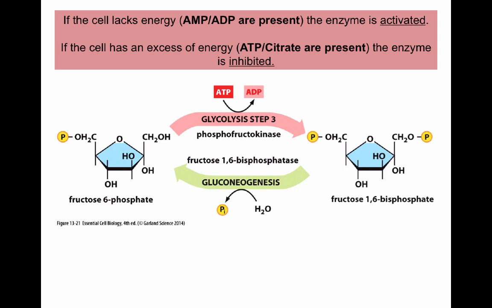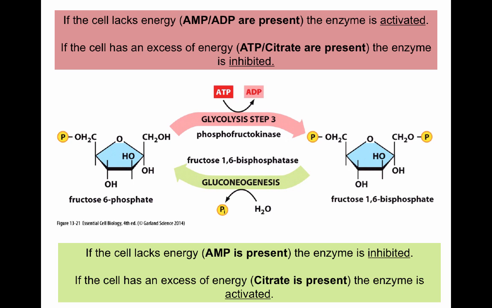But in the case that the cell has a lot of energy, therefore ATP is present and citrate is also present from the citric acid cycle, as we're going to see, the enzyme is going to be inhibited and therefore prevented from moving glycolysis forward.